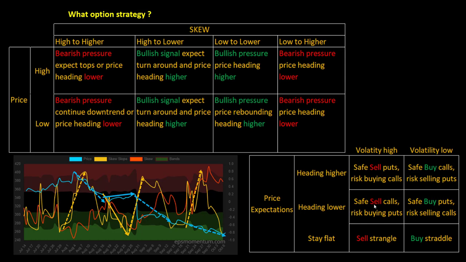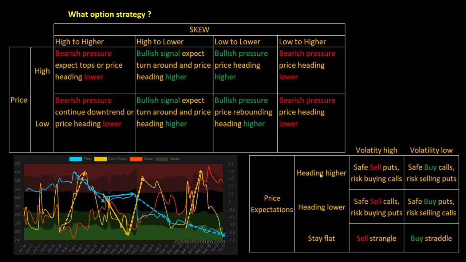Heading lower, it's safe to sell calls and it's risky to buy puts. Volatility being low, it's safe to buy calls and risky to sell puts. Again, let's look at this reasoning. If volatility is low, the price of the option is low compared to what it should be. But you think the stock price is heading higher.